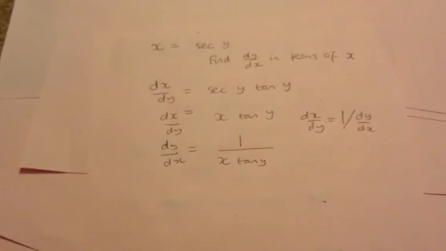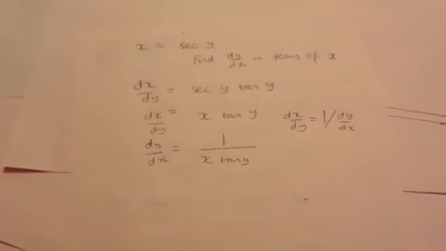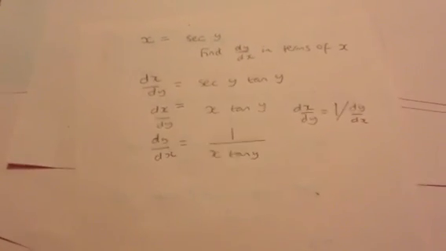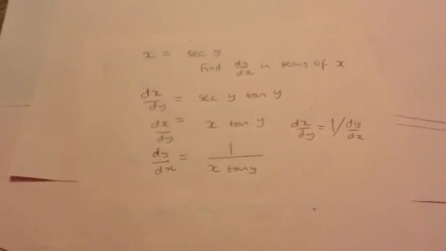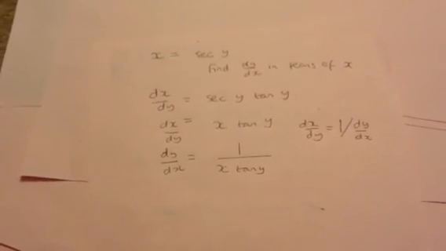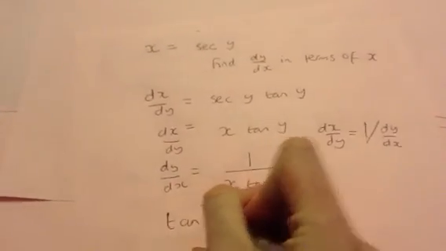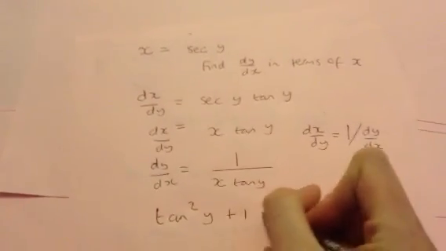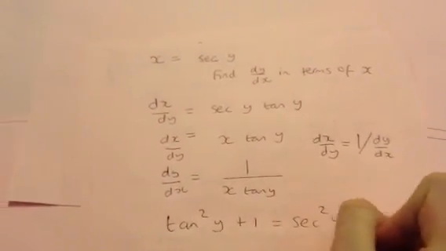Now, the tan y is the one that's not in terms of x at the minute. So what I do is, at this stage, I always write an identity down. Now the only identity that links between sec and tan is tan's a sec c. So tan squared y plus 1 equals sec squared y.